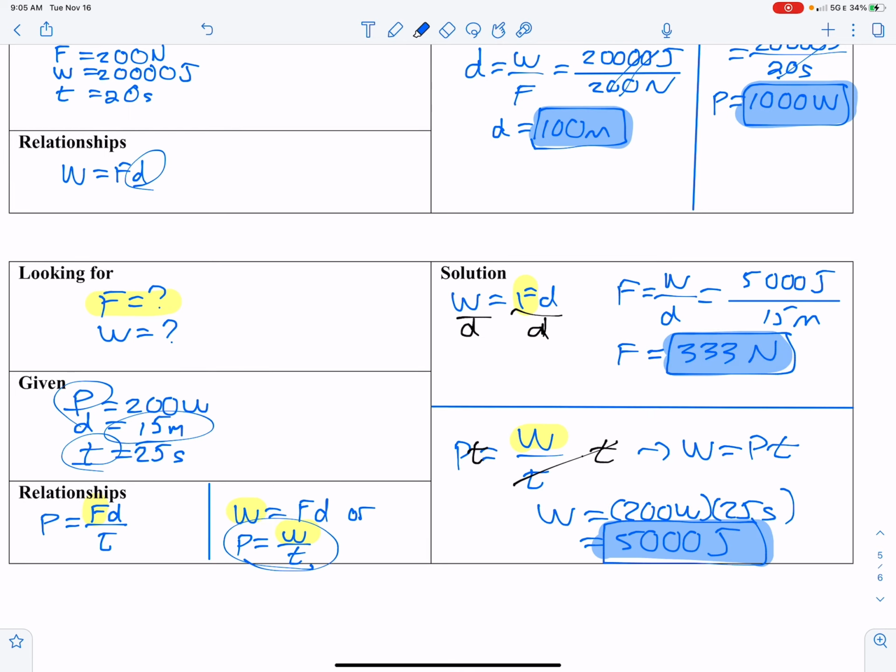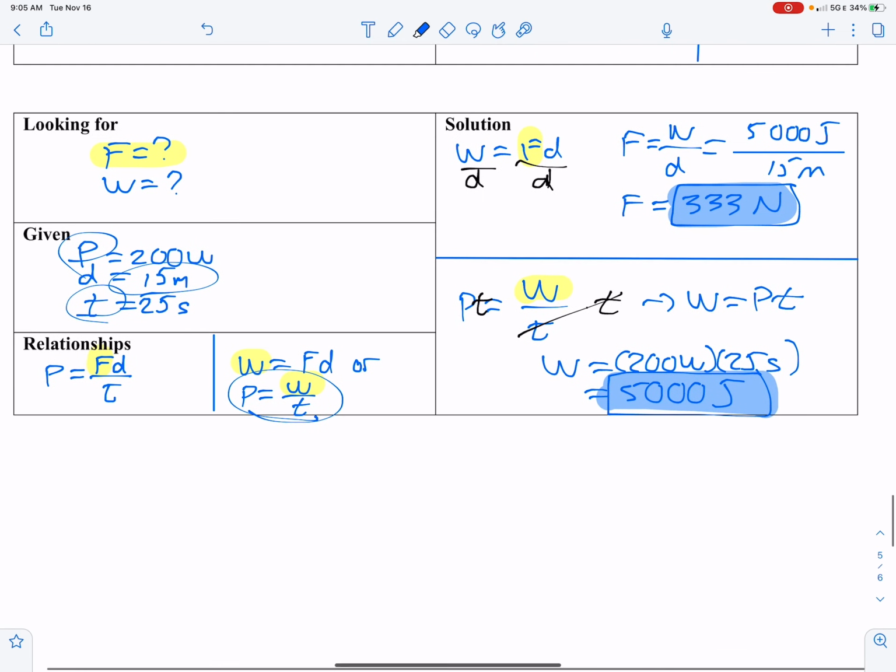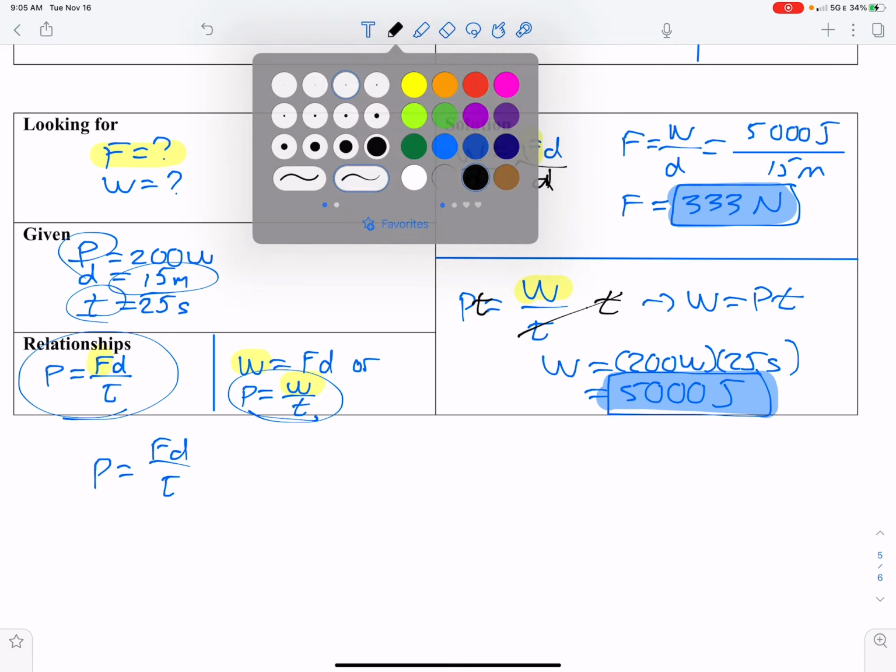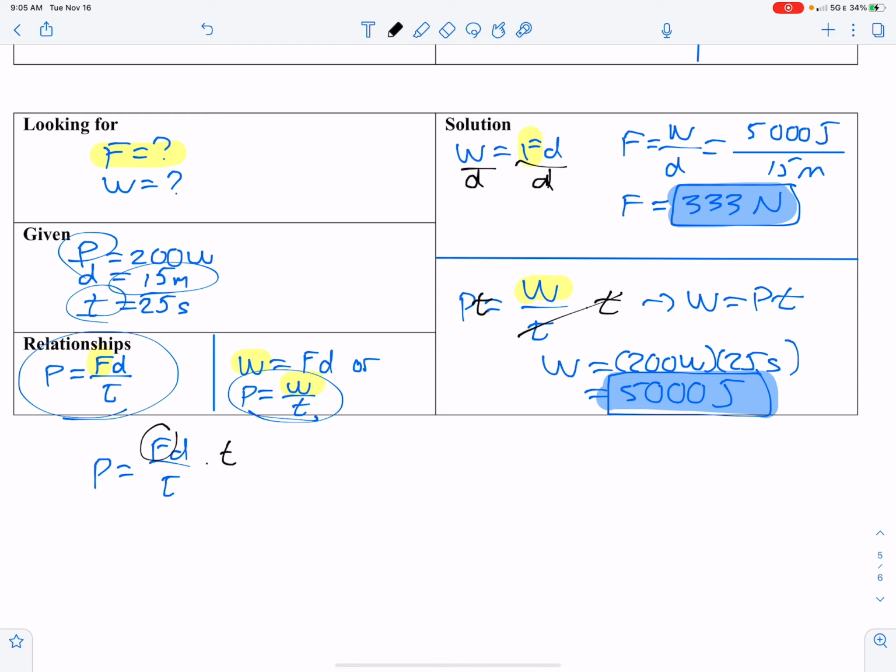Okay, so something to note about this problem. I chose to do it this way, but what if I had chosen to work it originally with the equation I established? Well, force times distance divided by time. To get force by itself, I would have to multiply by time and divide by distance both sides.